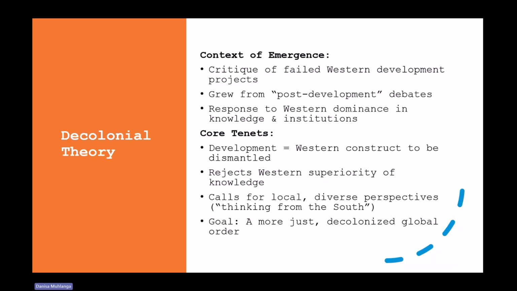And then it responds to the ongoing dominance of Western ideas, institutions, as well as knowledge systems. Okay. So you remember, we even gave examples of some of our African courts. The judges and the lawyers, they still wear those white wigs and all that.